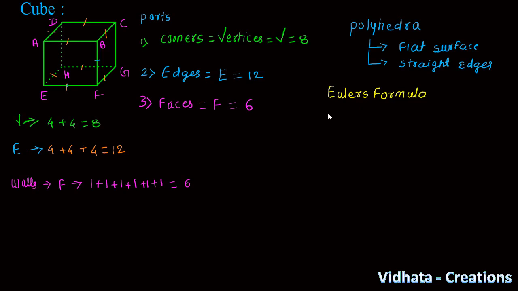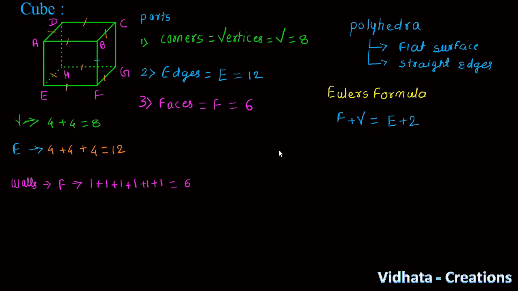It tells us the relation between vertices, edges and faces. And what is that relation? F plus V is always equal to E plus 2.